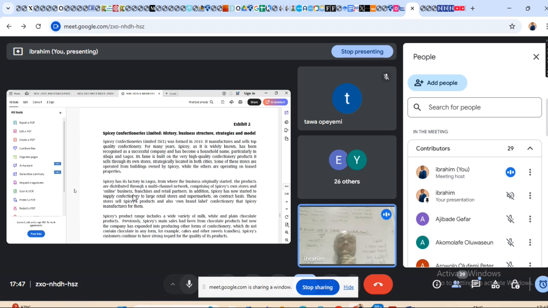Good question. SWOT analysis will go with any model you want to use. Why I'm saying this is because you have to identify the firm's weaknesses and the firm's opportunities.